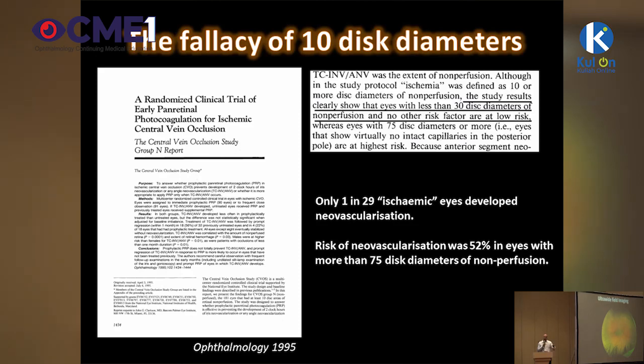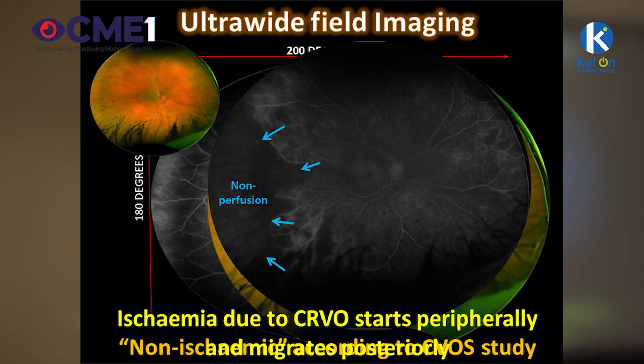And this is an ultra-wide field image of a patient with a central retinal vein occlusion. The thing about this, as you will see, is that if you went on the previous classification of central retinal vein occlusion, this would actually be classified as a non-ischemic central retinal vein occlusion. But if you looked at the ultra-wide field angiogram, can you all see that in the far periphery there's no perfusion of the retina?